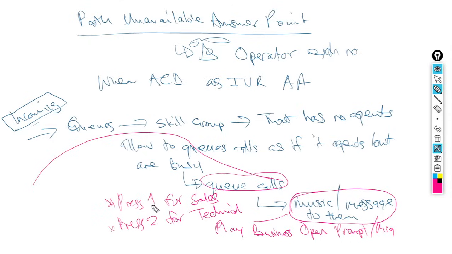So when they press 1, the system should then transfer that caller to sales. And for this to happen, we are going to create an interflow list.